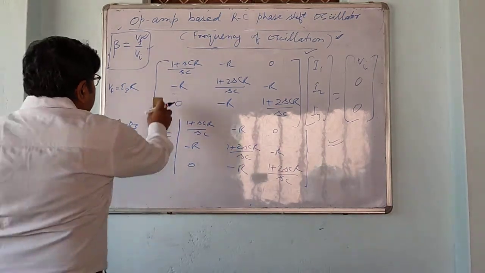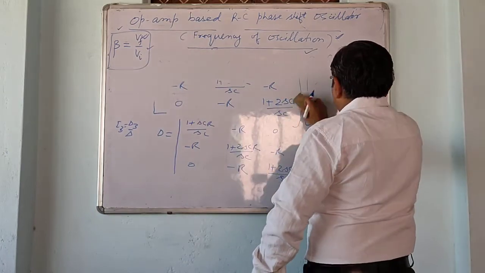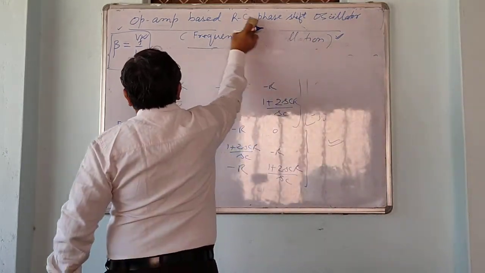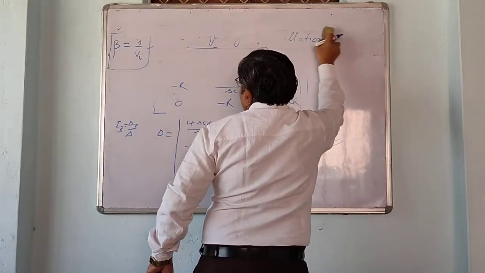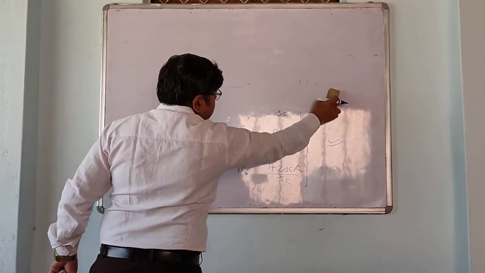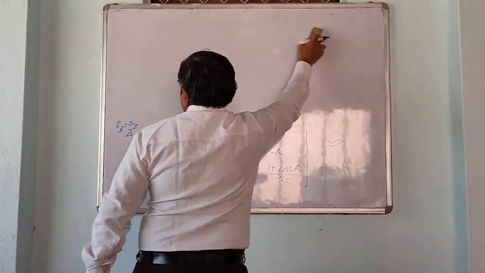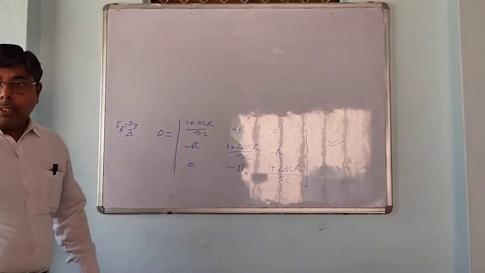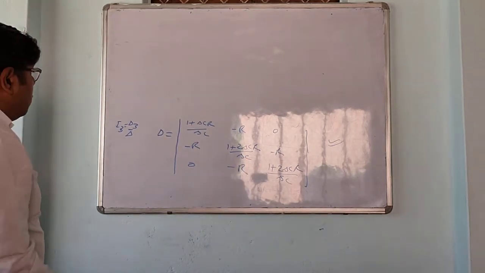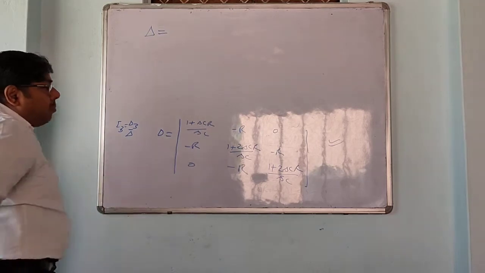After solving this determinant, you can expand this determinant in terms of any row or column. This is simple mathematics, expansion of a determinant. So I am writing directly. You have to solve this.